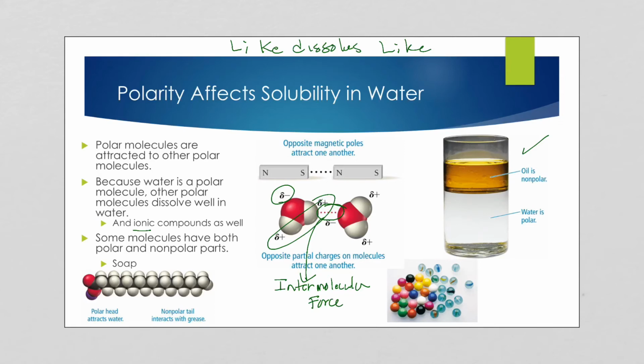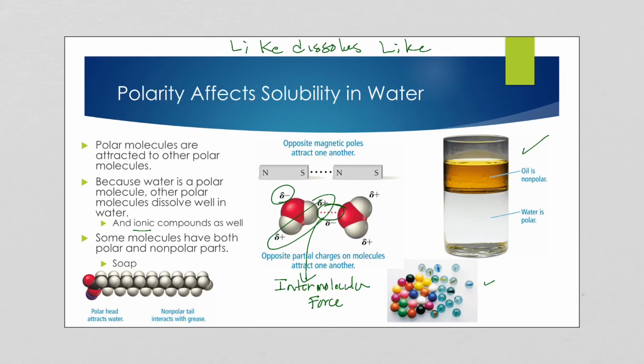One way to think about this is, you've probably experienced this: if you take oil and vinegar and you shake it up to try to make an oil and vinegar dressing, you can kind of get it to mix. But if you let it sit there long enough, it'll separate. This is like taking magnetic marbles and mixing them with normal marbles. You can mix them all up, but if you keep jostling them, eventually the magnetic ones are going to be attracted to one another, because magnets are, and they're going to squeeze out the non-magnetic marbles at the same time.